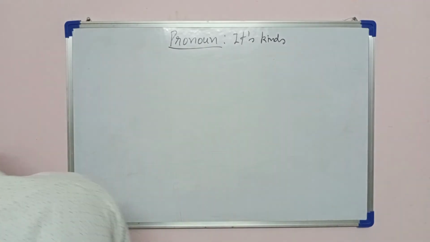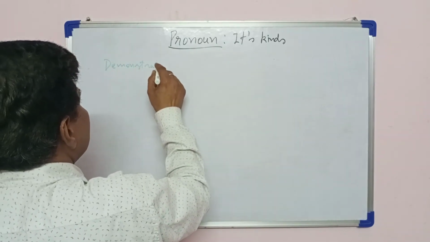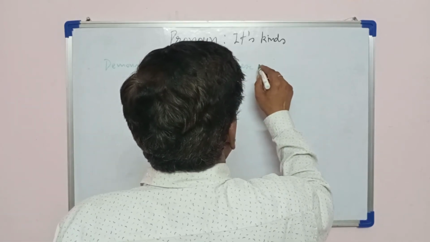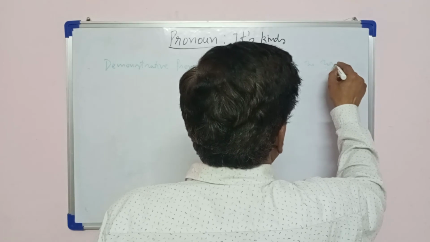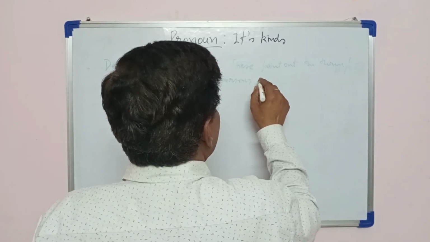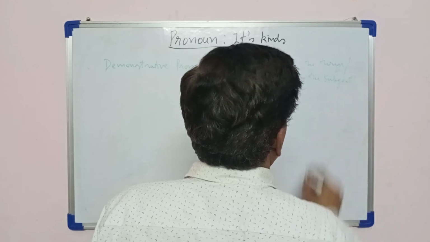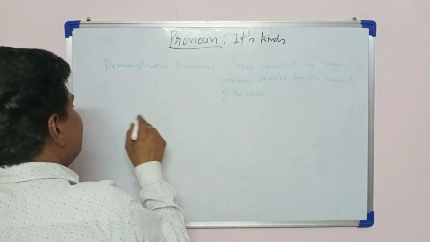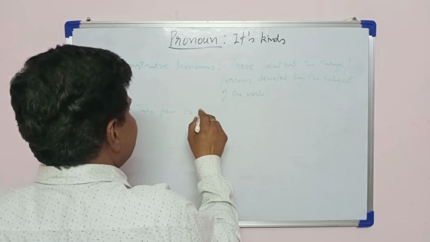Demonstrative pronouns point out the things or persons denoted by the subject of the verb. For example, this pen is yours.